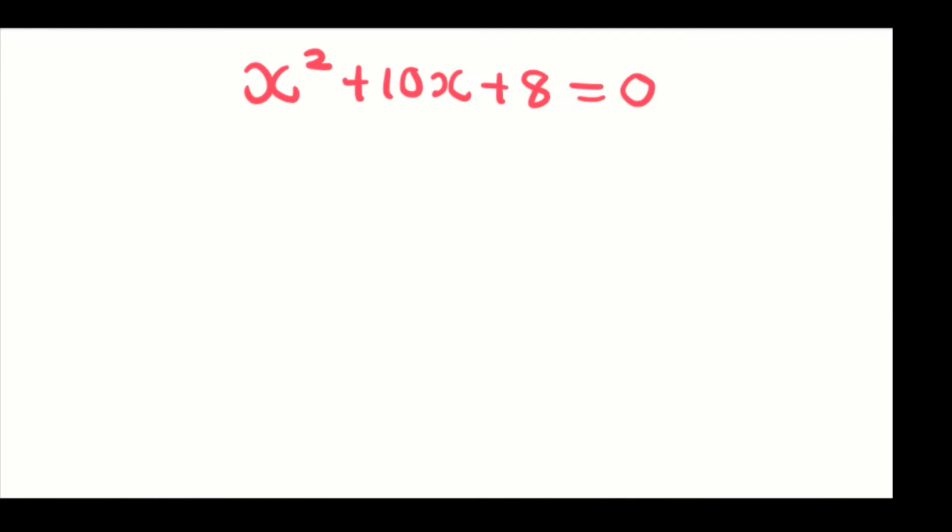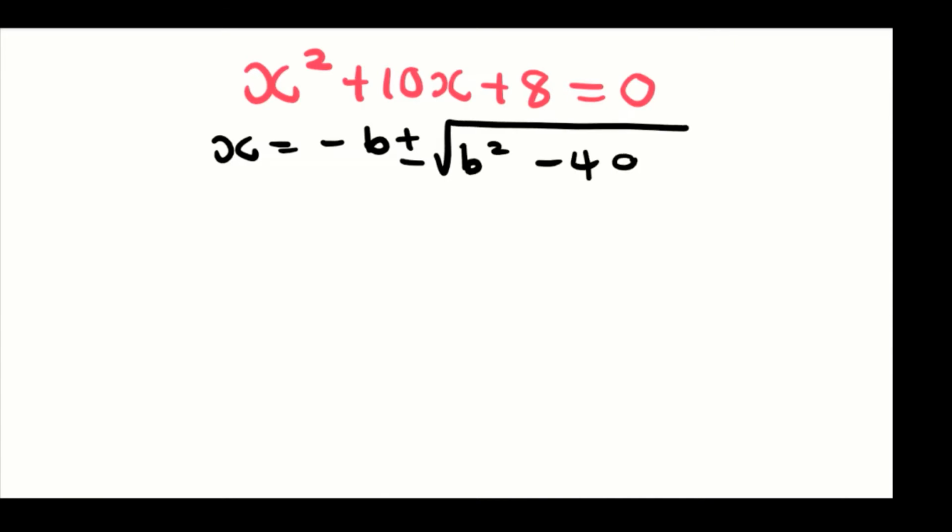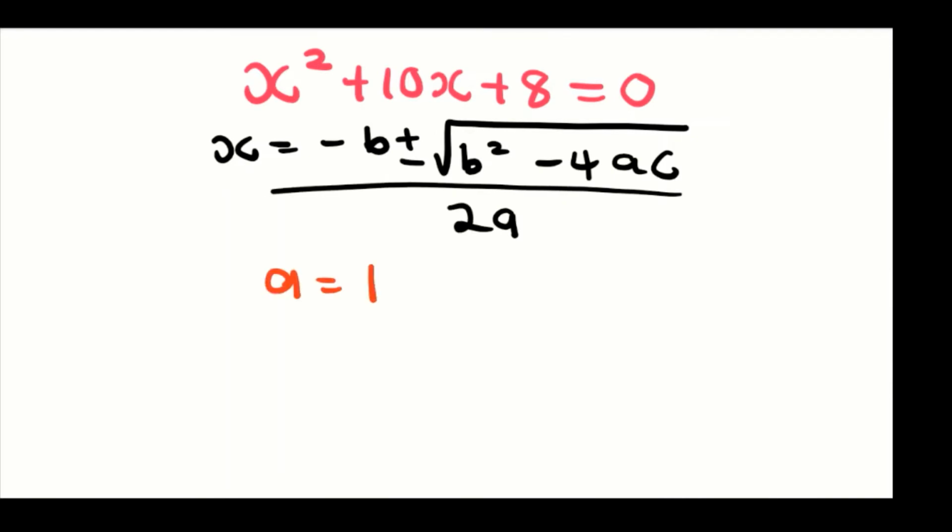And our quadratic formula is x equals minus b plus or minus the root of b squared minus 4ac, divided by 2a. Our a value is 1, our b value is 10, our c value is 8. So you're going to substitute these values in your quadratic formula.